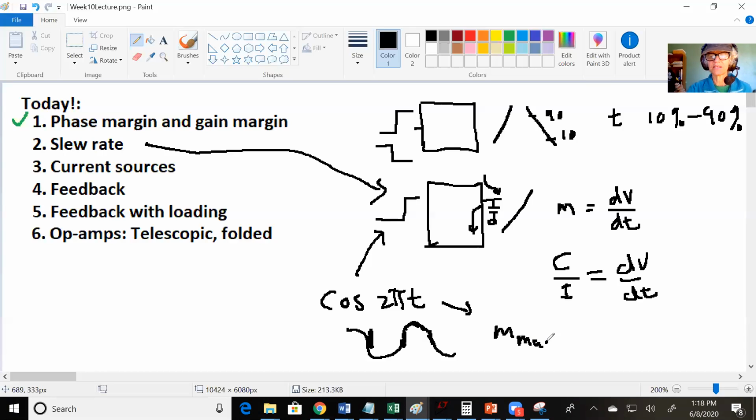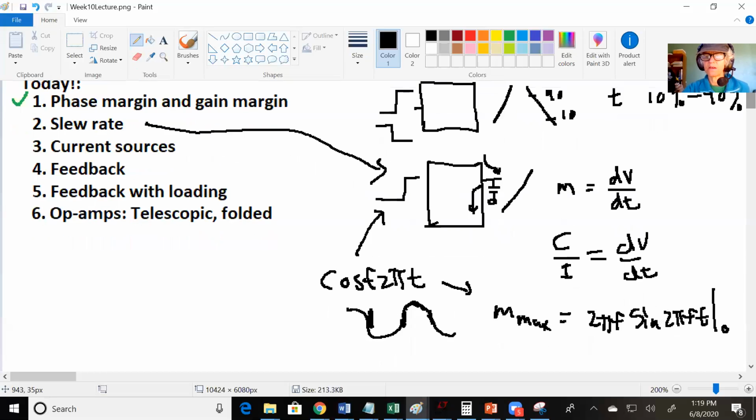If you take the derivative of cosine, you get 2 pi f times the sine of 2 pi f t. And when sine equals 1, that's where it's maximum.